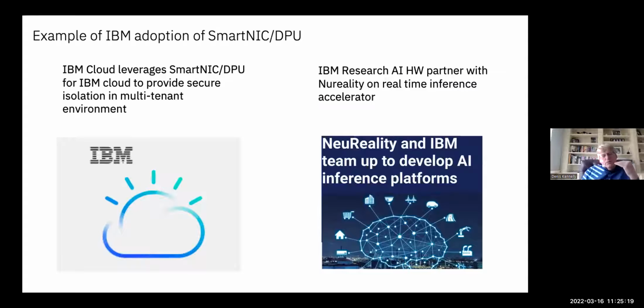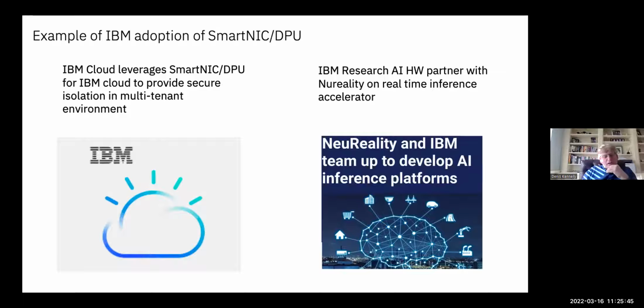So now, getting to this, I'll bring Vincent in here as well to talk a little more about these in detail. We are leveraging SmartNIC and DPU technology today within IBM. One of the places that we are doing it quite effectively is in the IBM public cloud to provide secure isolation.